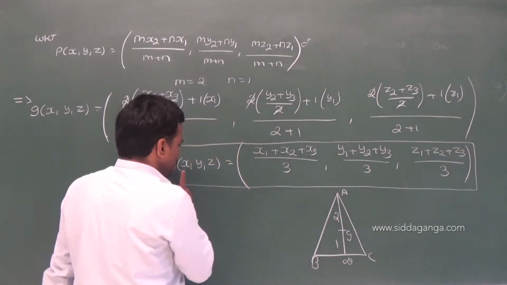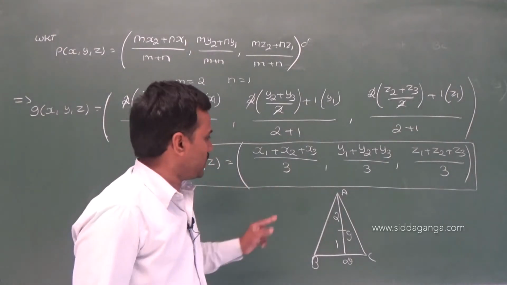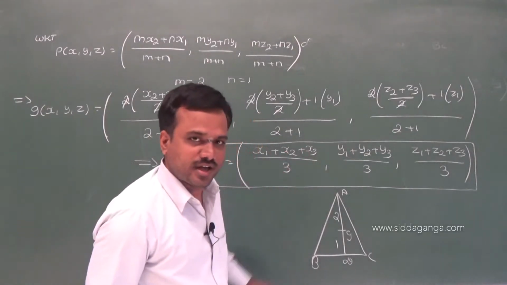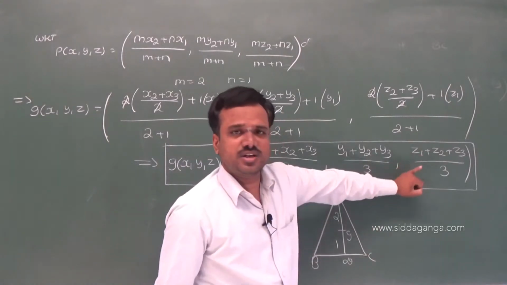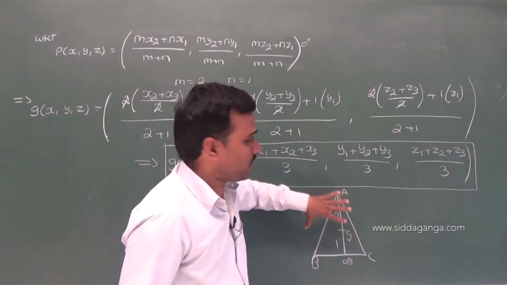Then the coordinates of the centroid are given by x1 plus x2 plus x3 by 3, y1 plus y2 plus y3 divided by 3, similarly z1 plus z2 plus z3 divided by 3. Understand? This is also one formula.